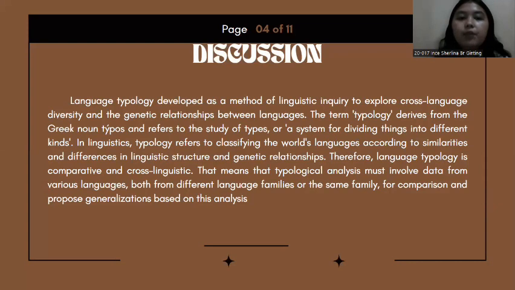In linguistics, typology refers to classifying the world's languages according to similarities and differences in linguistic structure and genetic relationship. Therefore, language typology is comparative and cross-linguistic. That means that typology analysis must involve data from various languages, either from different language families or the same family, for comparison and proposed generalization based on this analysis.